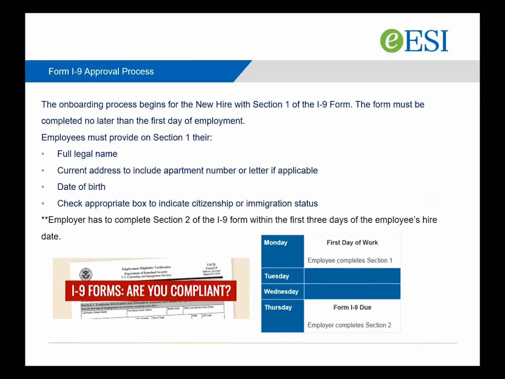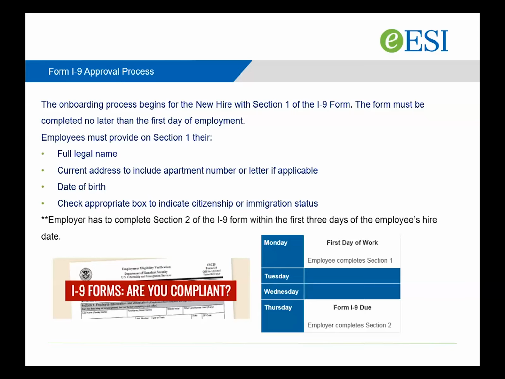The onboarding process begins for the new hire with completion of Section 1 of the I-9 form. It is very important to remember that Section 1 has to be completed by the new hire no later than the first day of employment, and as the employer, you must complete Section 2 within the new hire's first 3 days of employment.